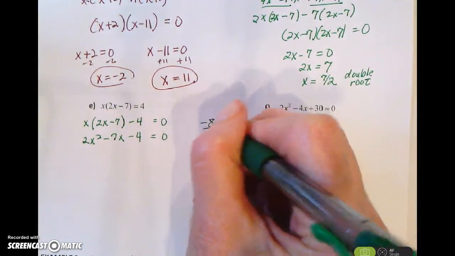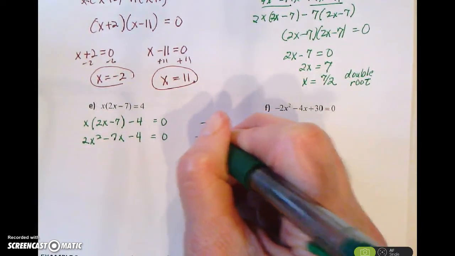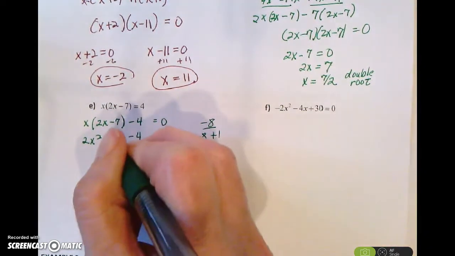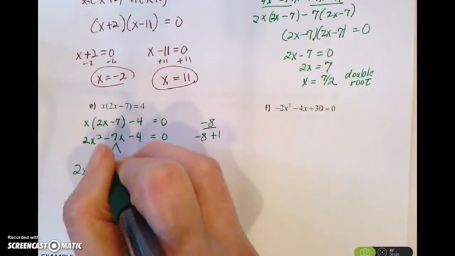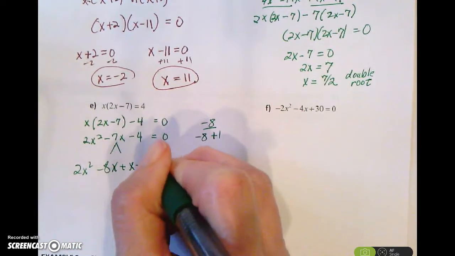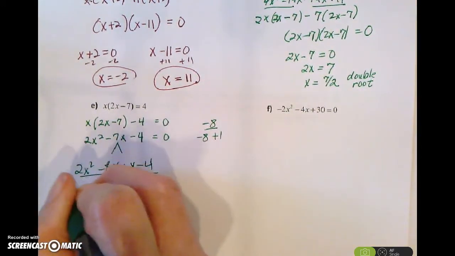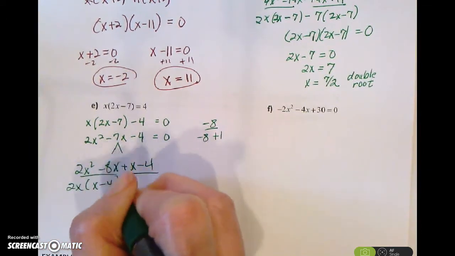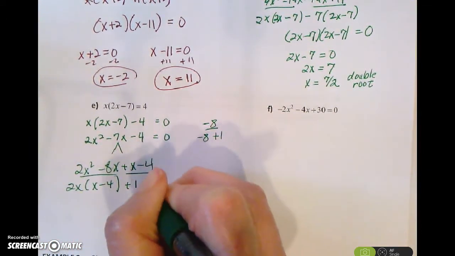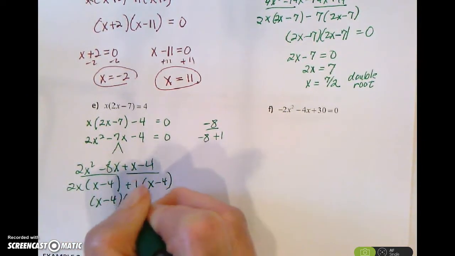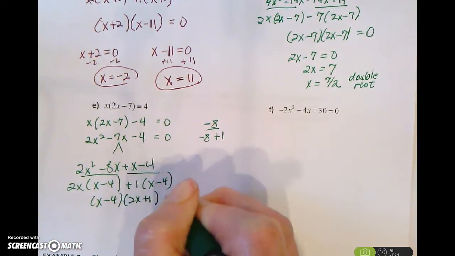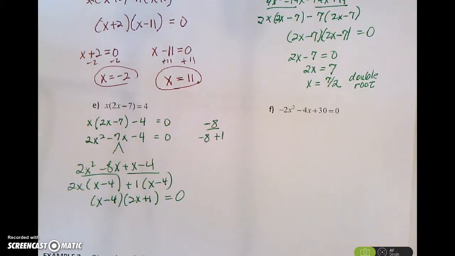AC method, so that's going to be what? Negative 8 and a positive 1. So 2x squared minus 8x plus x minus 4. Group it, and then take out a 1 here. So we get x minus 4 times 2x plus 1 is equal to 0.